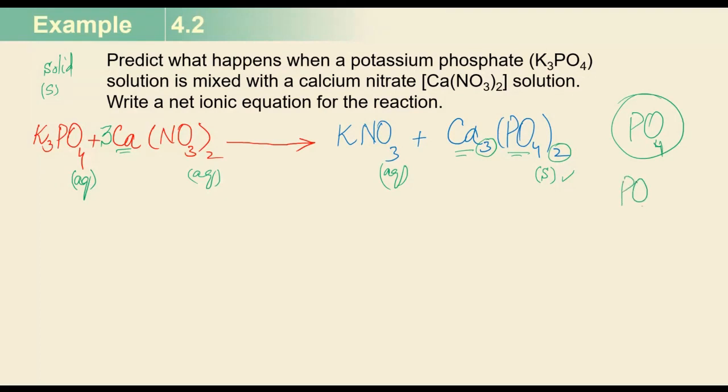I have 1 PO4 here. How many now? 2 PO4. Here, how many PO4? This 1. So this side 2, this side 1. Multiply this with 2.